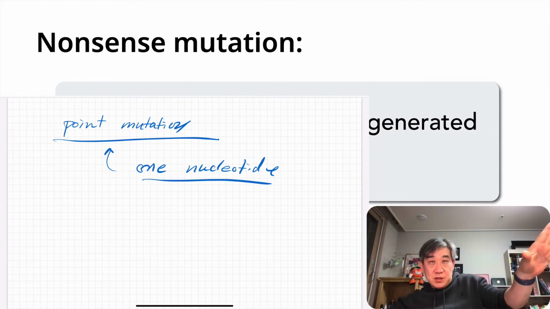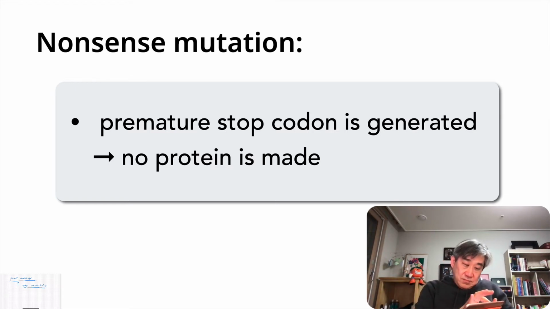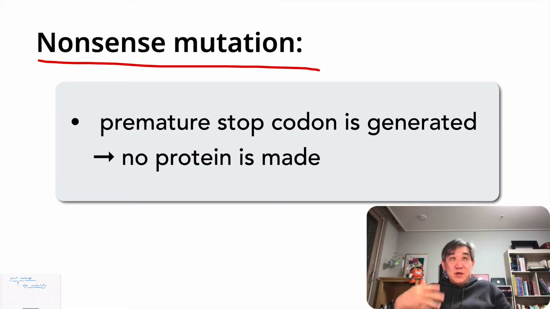Now there are 2 alternative consequences of this frame shift. One possibility is a so-called nonsense mutation. Nonsense mutation means you do not have any protein product. There's no sense at all.